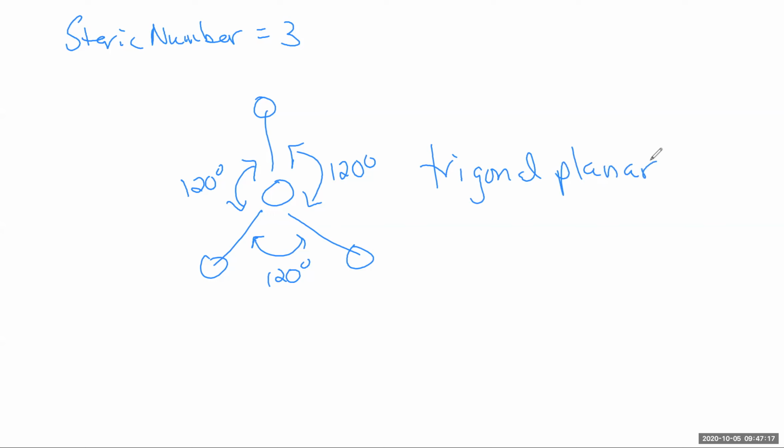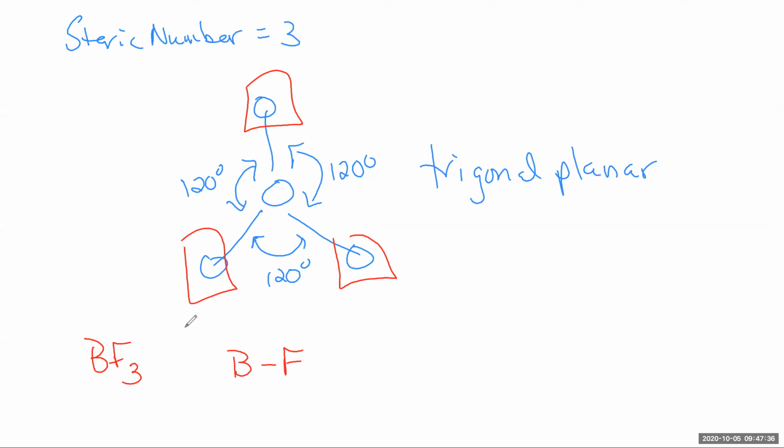Now, to have trigonal planar and single bonds, you'd have to not obey the octet rule, right? Because if my steric number is 3, that's telling me I can only have 3 things around it. There is a molecule, boron trifluoride, that breaks the octet rule that people typically show as the sample molecule for this.